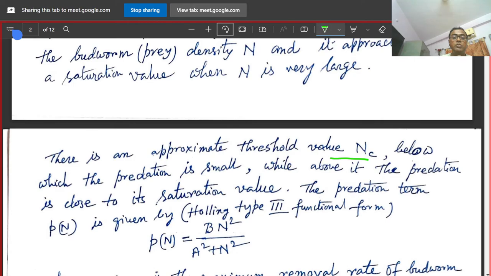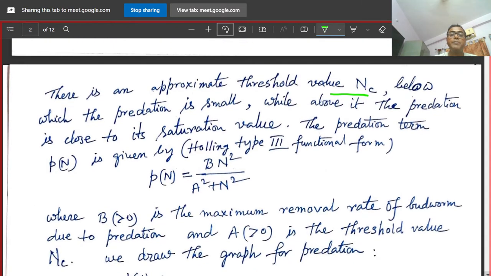We will later discuss details about the threshold value N_c. P(N) equals B N squared by A squared plus N squared, where A and B are constants.